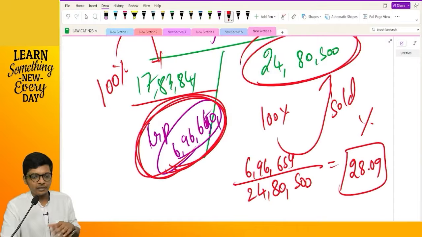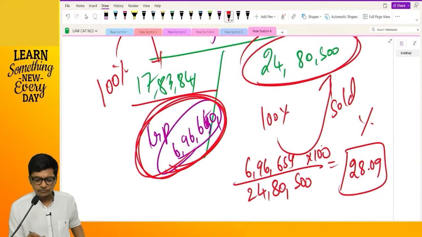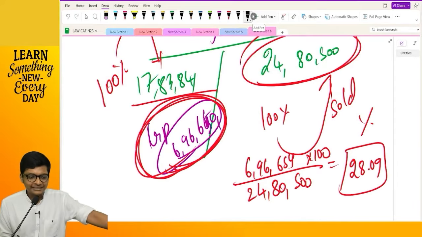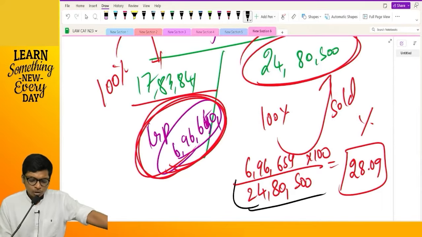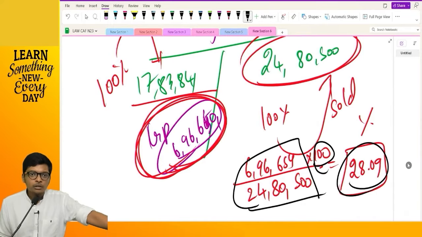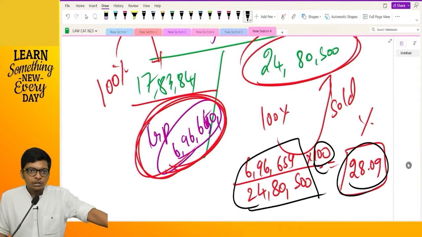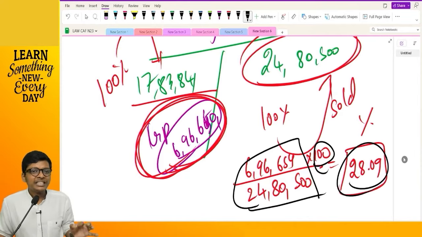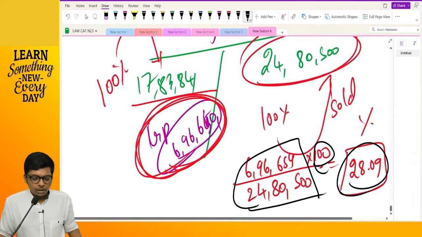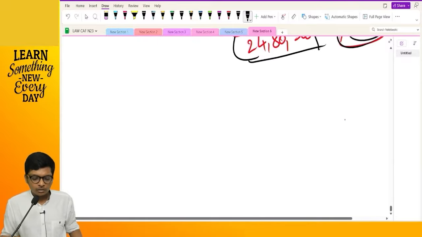Are you fine? Multiply by 100, guys, and you will get the percentage. 6,96,659 divided by 24,80,500 into 100. You get 28.09. So this is what percentage? GP margin.